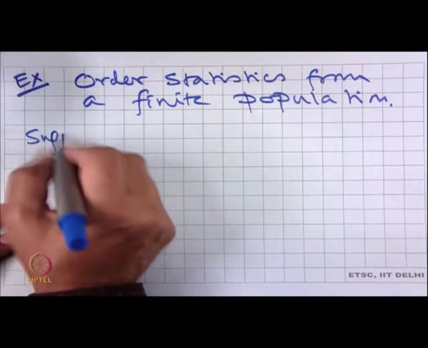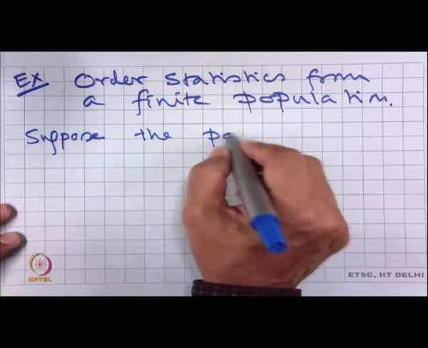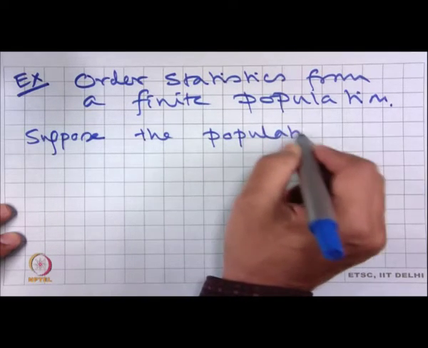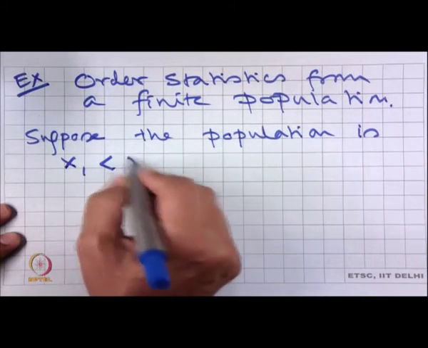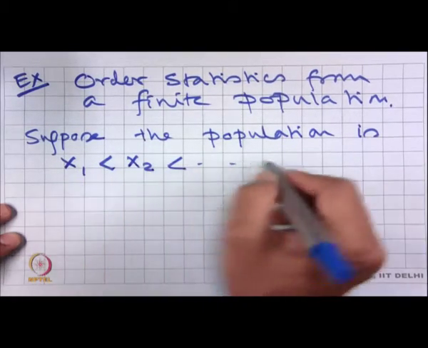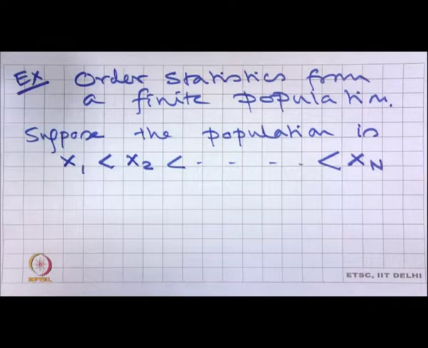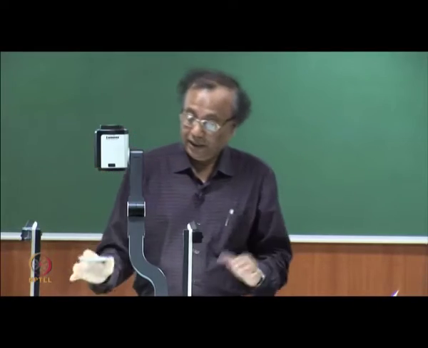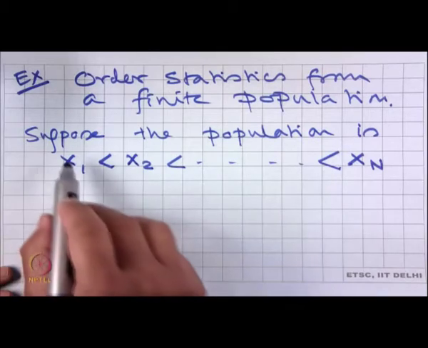Suppose the population is x 1, that means we have a population of n items and I put them in increasing order: x 1, x 2, x n.